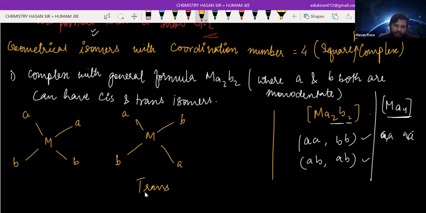So this is your trans and this is your cis. We do it like this.